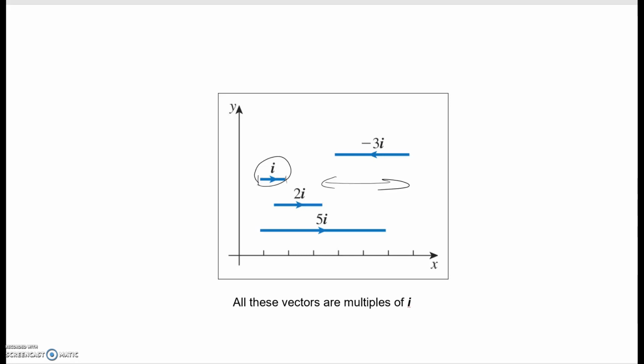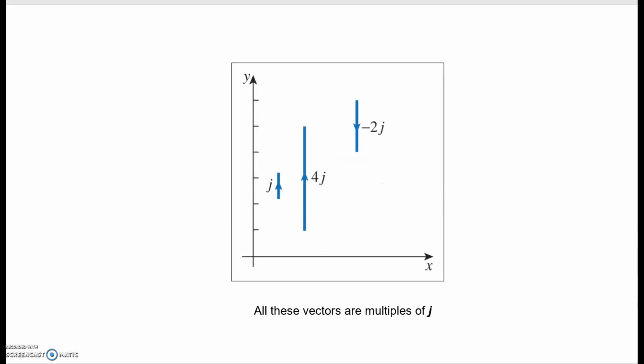So this is 1 unit along, this is 2 units along, this is 5 units along, this is 3 units along, but going backwards. Similarly, in the y direction, this is 1 unit up, this is 4 units up, this is 2 units down.